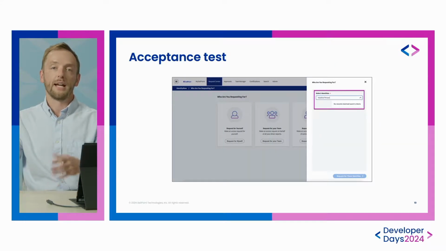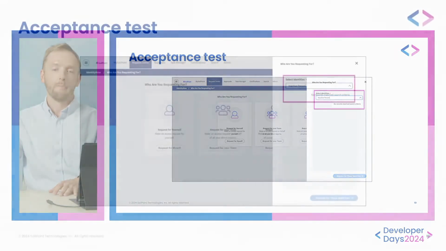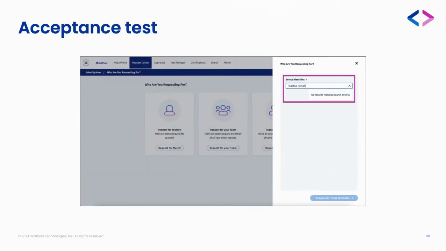So, of course, we tested this feature very thoroughly, but we want you to understand personally how it works. So we want you to hit the big spots of the system that you care about. If you wanted to see inactives out of the request center, go ahead and find an inactive identity, go to the request center, plug in their name, and see if they show up. They shouldn't. If they don't, great, it's working as expected. So now you go back to that impact chart that I showed you earlier.